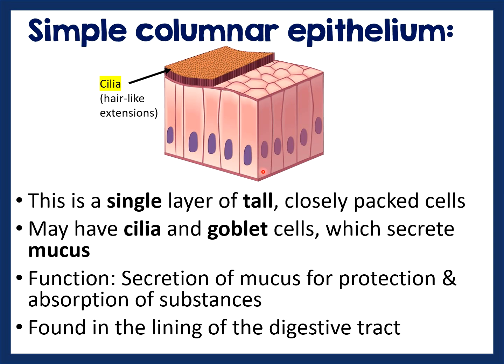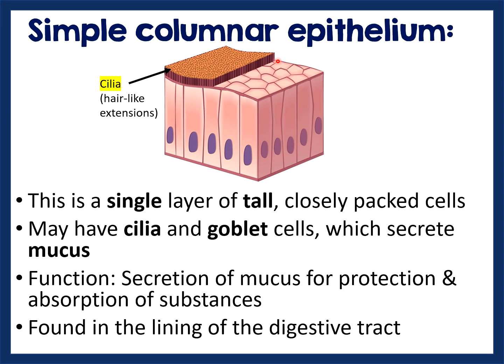So when we have these columnar epithelium, we're going to have the secretion of mucus, if there's those goblet cells, and absorption. So in the small intestines, we're going to find this simple columnar epithelium because that's where we're absorbing our nutrients.